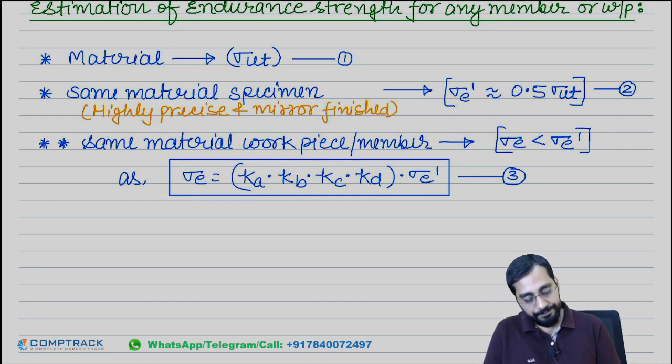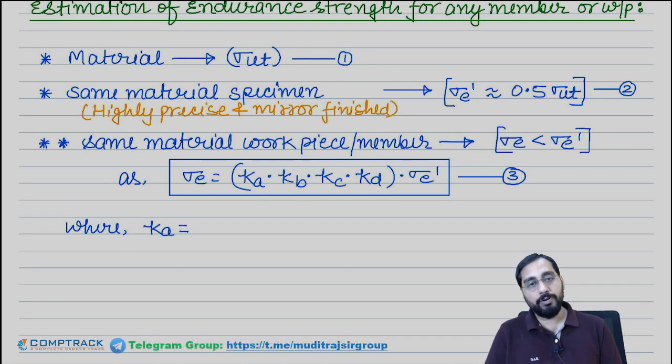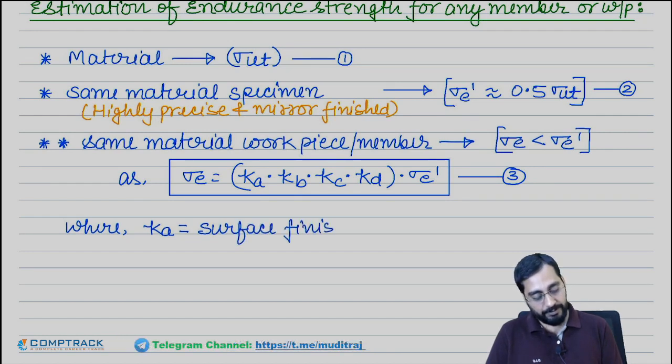First of all, Ka will be your surface finish factor. This value will generally be given in the question. Kb will be your size factor.